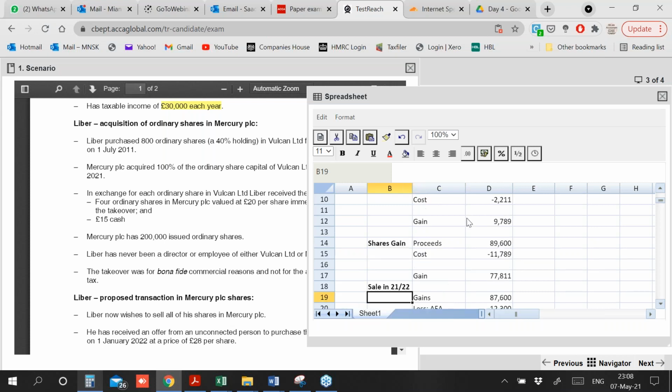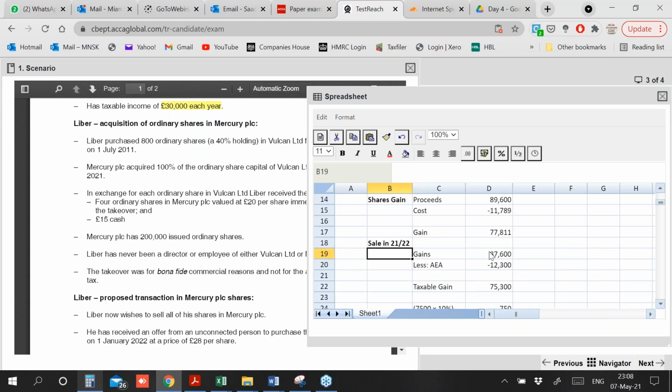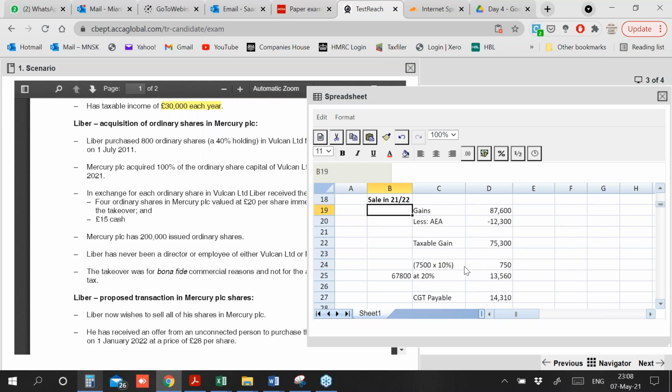You have seen that I have done the calculations here. There is no point writing the gains, annual exemption, and taxable amount again, because I've applied the formulas and copied them here as well. So I just had to change the amount of the gain, and the software calculated the tax itself.